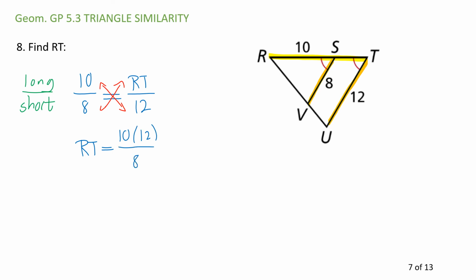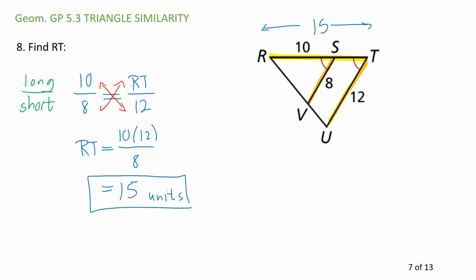Just remember you divide by 8. And I get 15. Before you put a box around it, though, does it seem like this could be 15? Of course it does. And I'm going to say this is units. So there's that one.